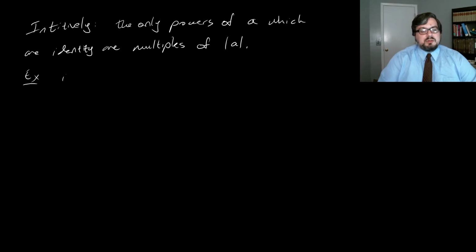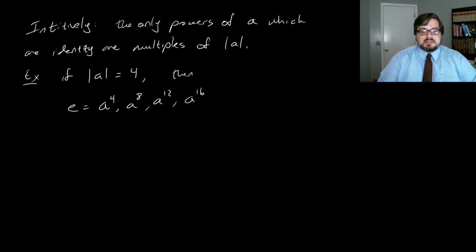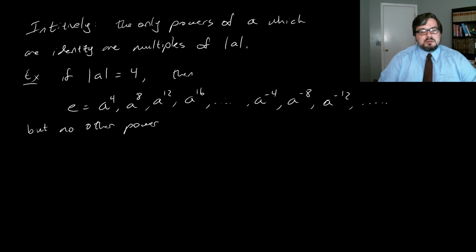So for example, if the order of A is 4, then we have that A to the 4th is the identity, A to the 8th, A to the 12th, A to the 16th, etc., A to the negative 4th, A to the negative 8th, A to the negative 12th, and so forth, but no other powers of A are identity.